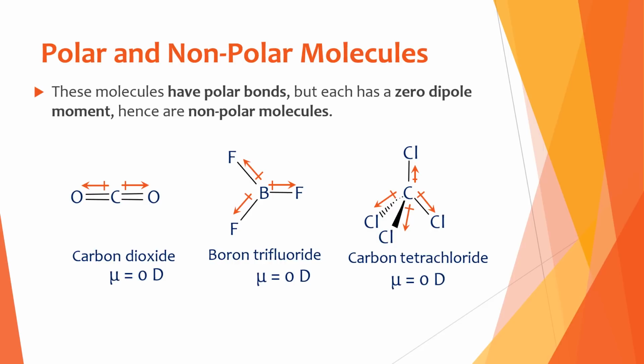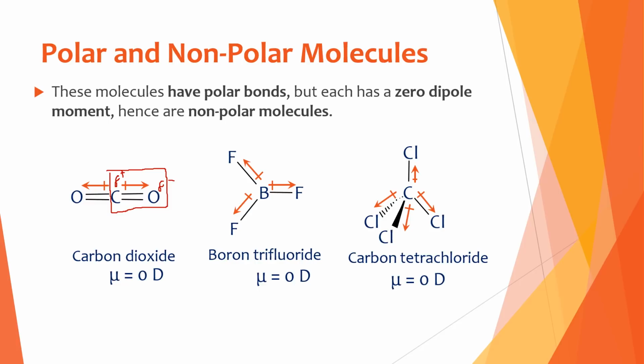Between carbon and oxygen, it is known that oxygen is more electronegative than carbon. So that means oxygen is partially negative, while carbon is partially positive. For each bond between carbon and oxygen, the movement of the dipole moment comes from the carbon towards the oxygen because it goes from partially positive to partially negative.